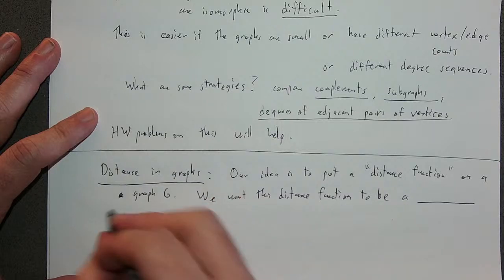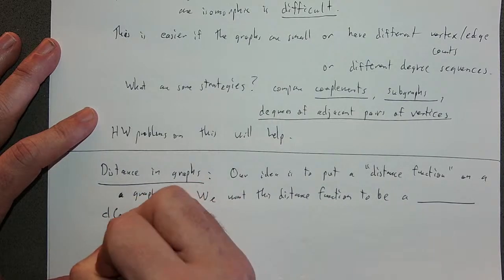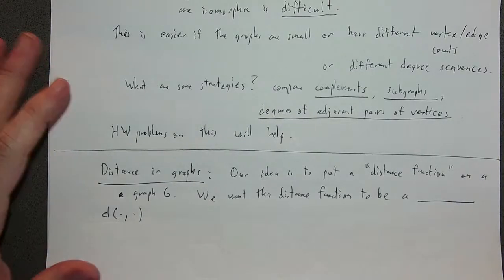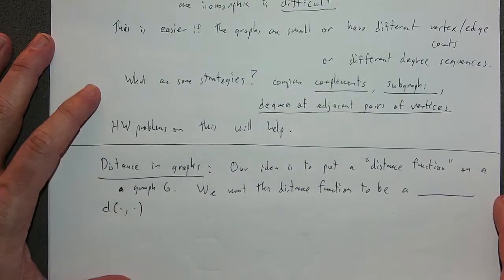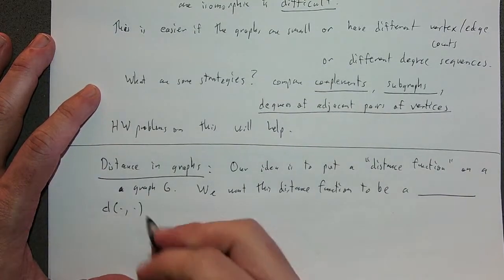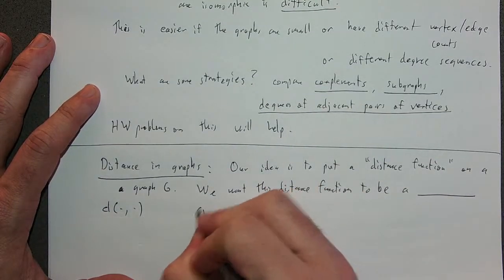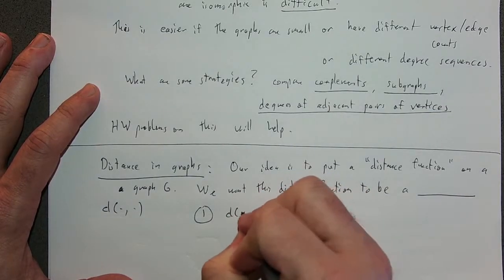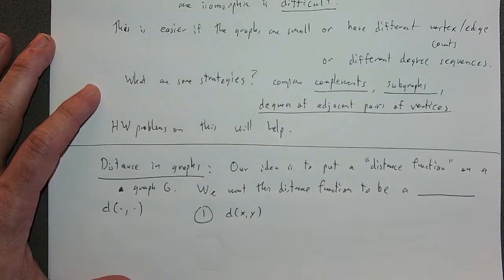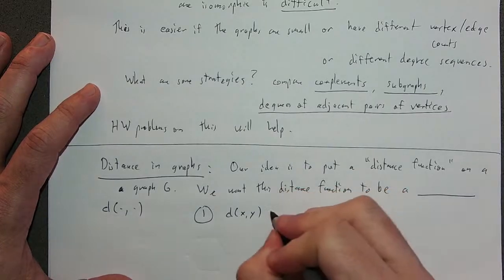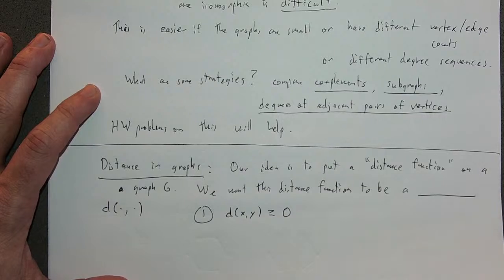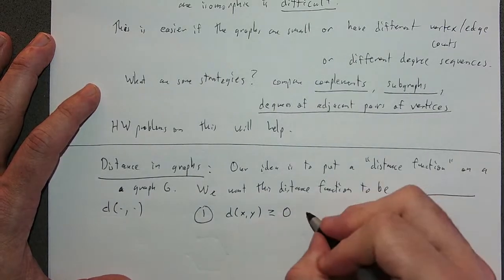So if our distance function, I'll write it as d, where this is understood to be the distance between two points, or two vertices in the case of a graph, we want it to satisfy three things. So one, we want it to satisfy that the distance between two points is always non-negative for any two points.